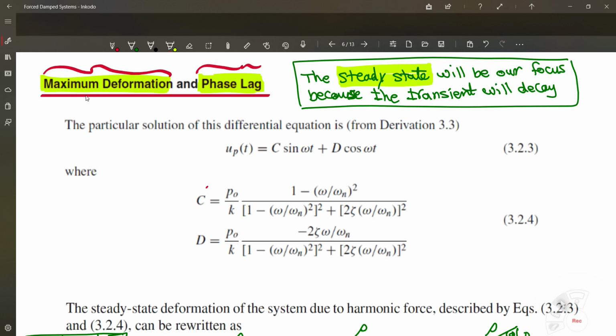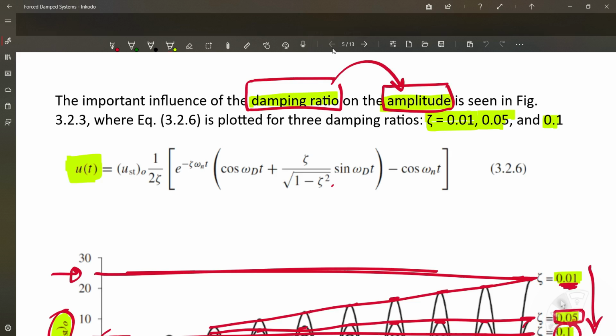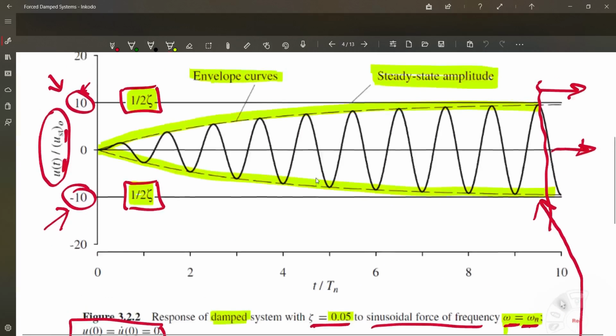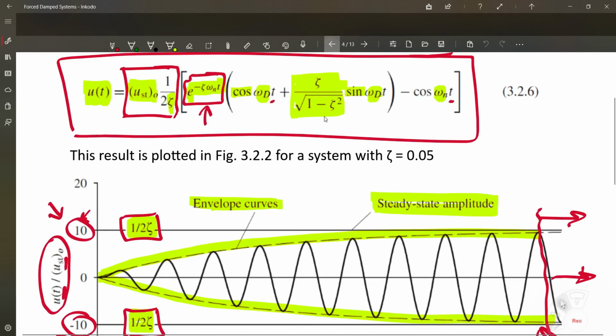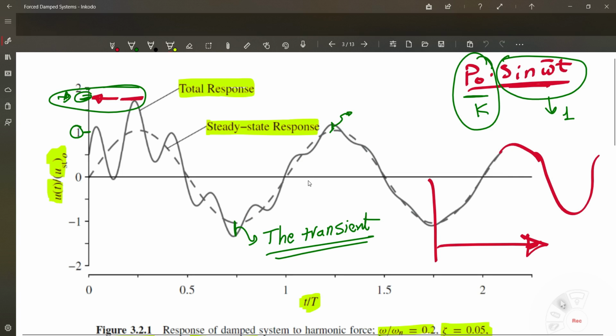If we go back to our equations and our graphical representation, we say that, as you can see here, the steady state is always going to be there after a while, but in the beginning the part which is transient is going to vanish. Okay, so we need to focus more on the steady state.